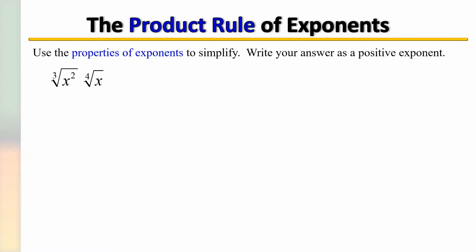Let's continue. We want to use the product rule and the properties of exponents to simplify these expressions that are being multiplied. They're actually being multiplied and they have the same base, because if we rewrite these from radical form to exponential form, we would see that they have the same base.